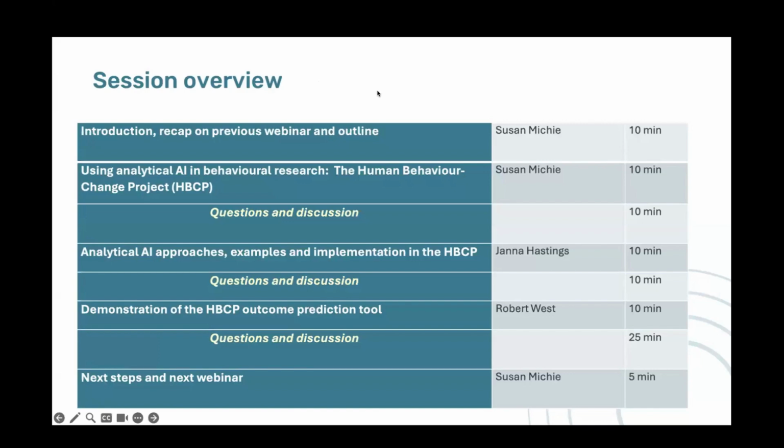Then I'll hand over to Jana, who will talk about analytical AI approaches, examples and implementation in the Human Behaviour-Change project. And then Robert West on the demonstration of the outcome prediction tool. So we were all collaborators in the Human Behaviour-Change project, Jana Hastings bringing ontological and computer science expertise, and Robert West bringing behavioural science expertise.